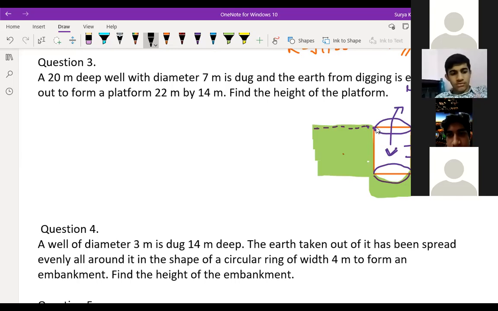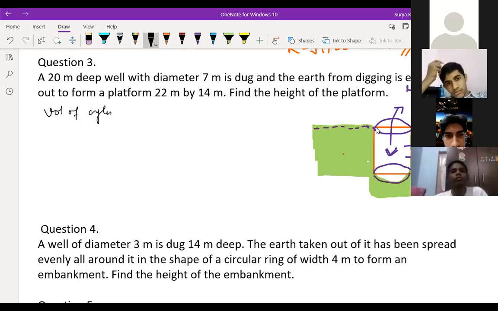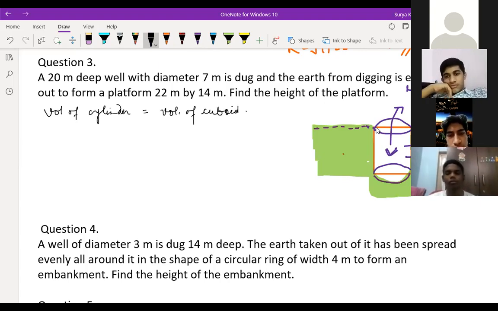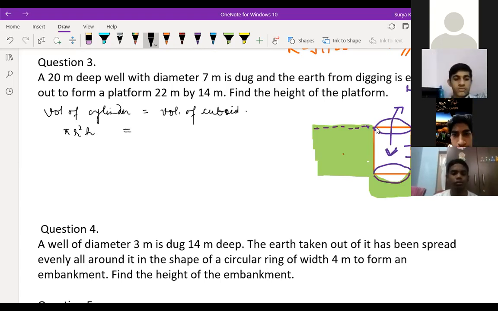So volume of cylinder is equal to volume of cuboid. Cylinder is pi r square h, and cuboid is lbh. So this is h1, this is h2.